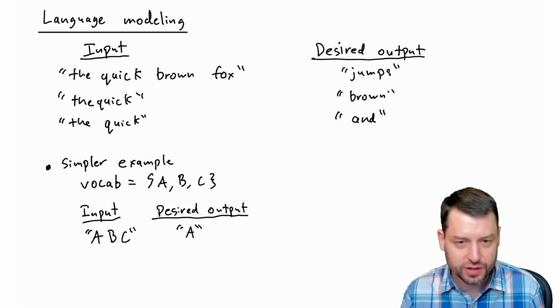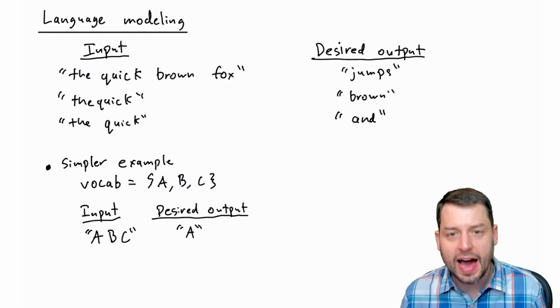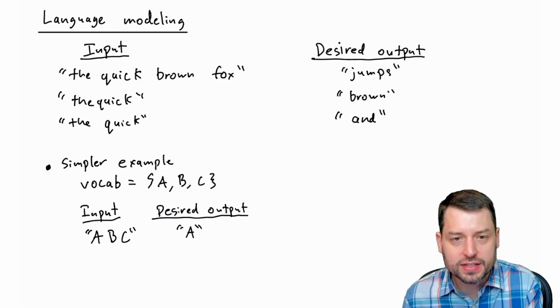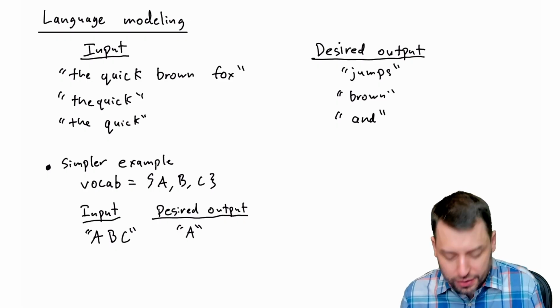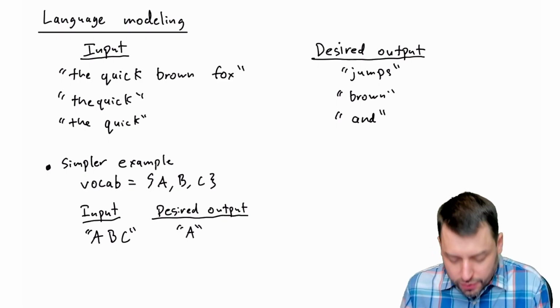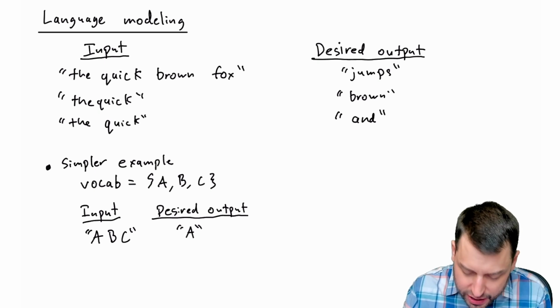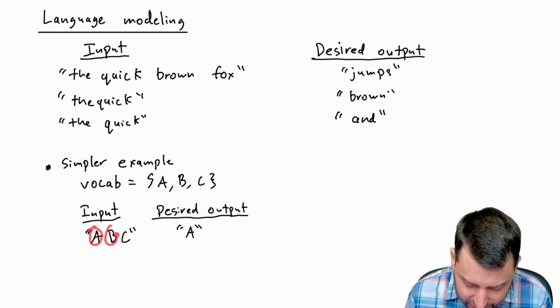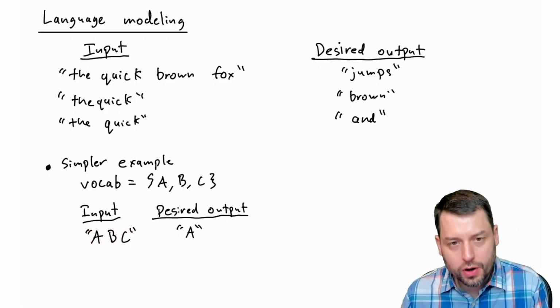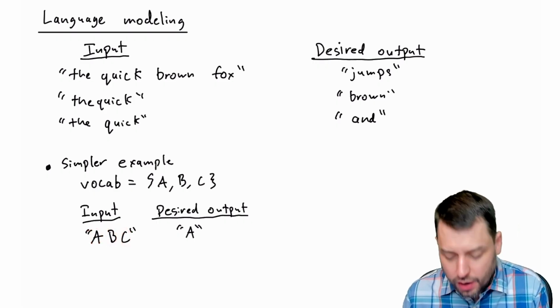All right, so this is a very simple example. And the question is, how do we represent this as an input to a machine learning model? The thing we're going to do is take each individual item in the input here, and encode it in what's called a one-hot vector.